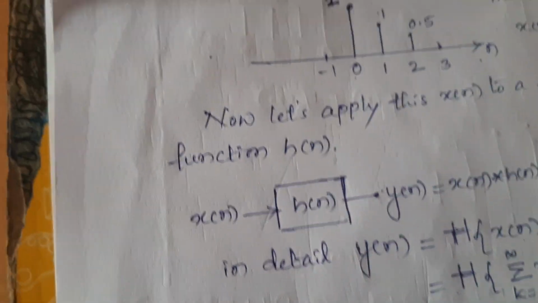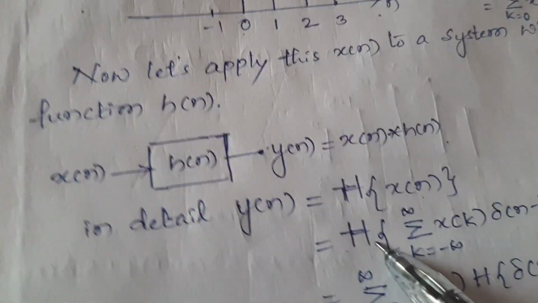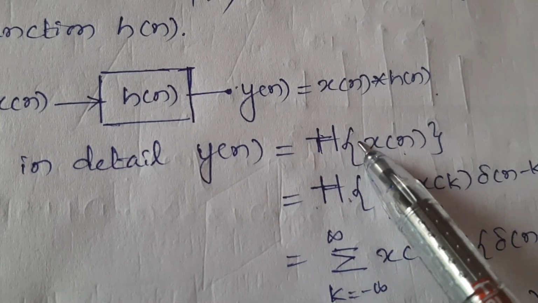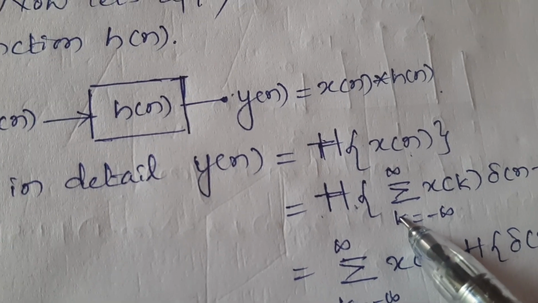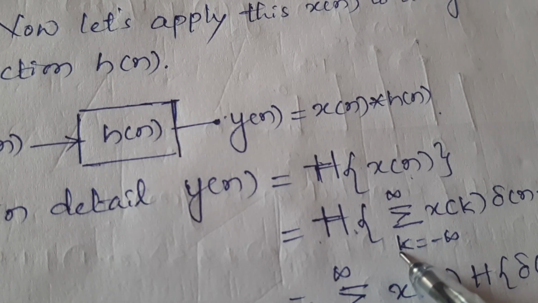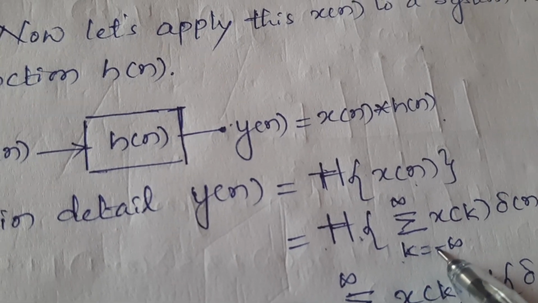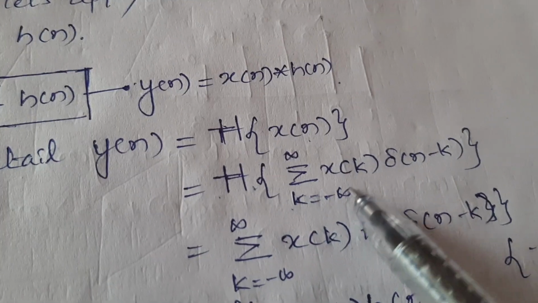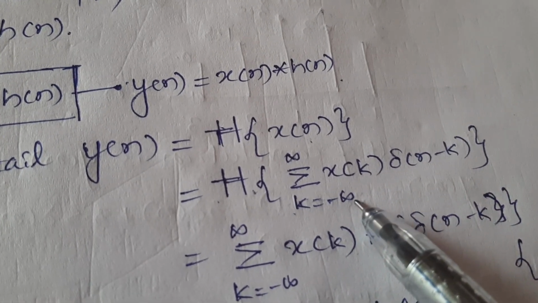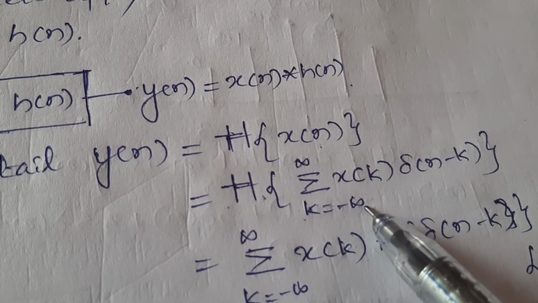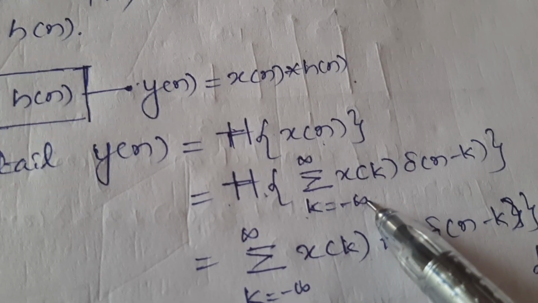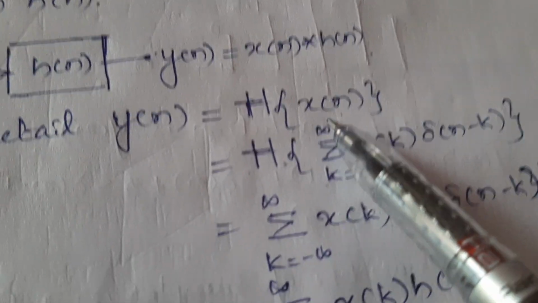When I substitute the value of x of n, it becomes h of summation k running from minus infinity to plus infinity, x of k del of n minus k. In general, the x of n signal can run from anything, not restricted to 0 to 2 or anything. It can run from minus infinity to plus infinity.